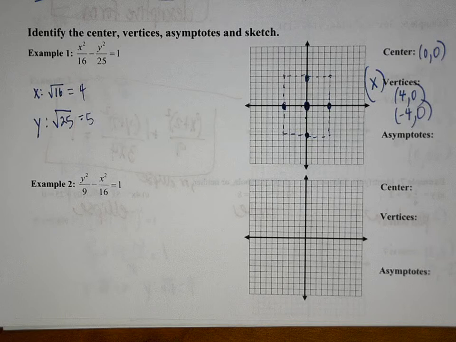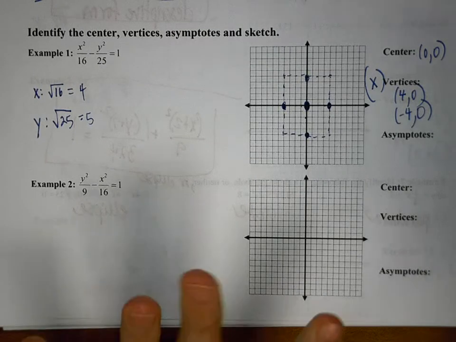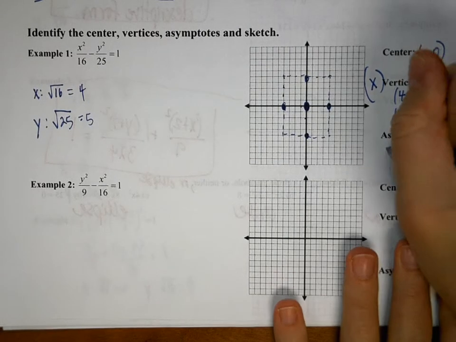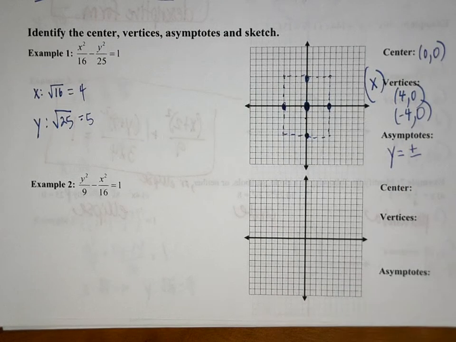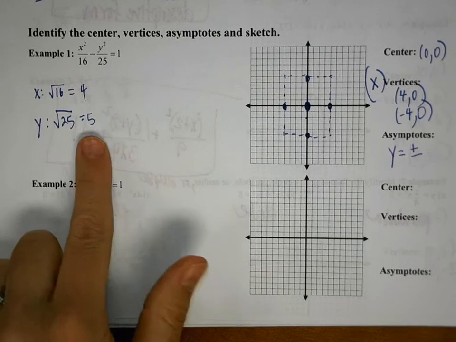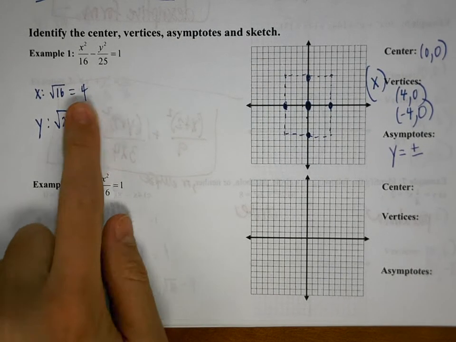Your asymptotes are lines. That's why they are written as y equals plus or minus b over a x. Well, we remember that as actually y over x, right?